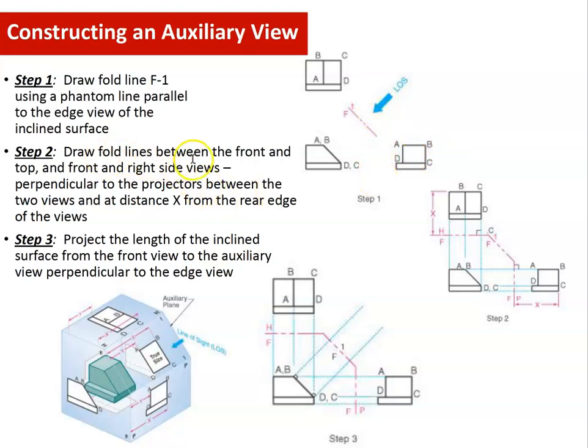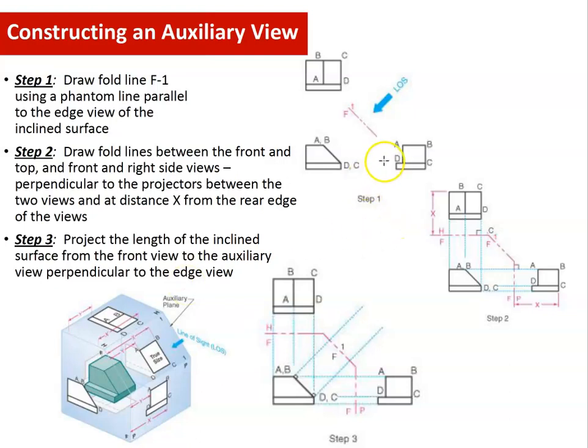Okay, so I need to draw my fold lines between the front and the top, and also between the front and the right side view over here. The distance is from the rear edge, okay? Step 3, project the length of the inclined surface from the front view to the auxiliary view perpendicular to the edge view.